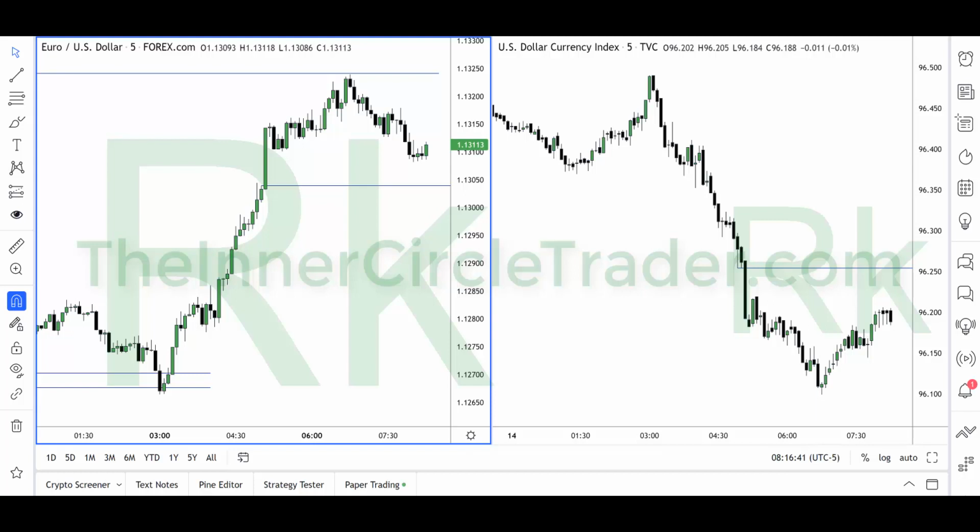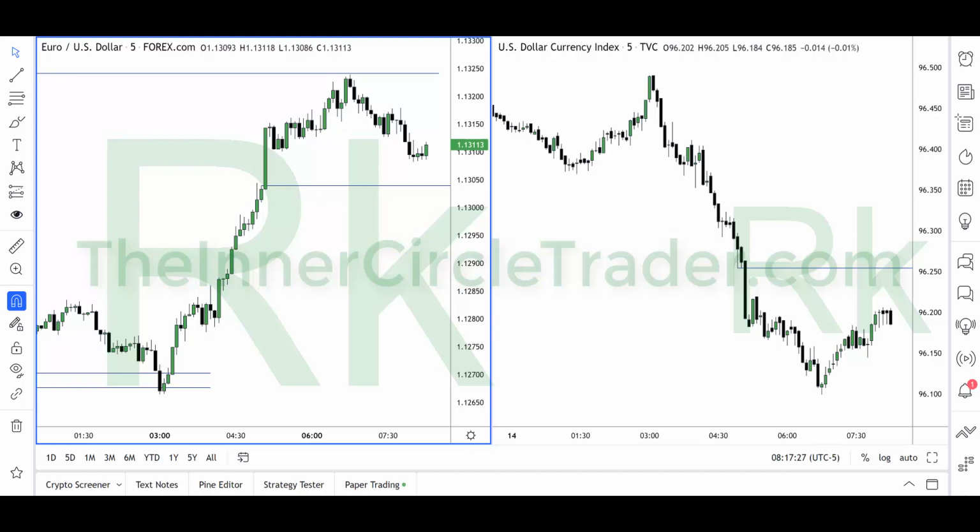So what we're looking at is the likelihood of a rally on the euro into a bearish order block, which I'll note when it's salient, but it's around that 113.20 level, just below 113.20. And then we have a small little imbalance on the dollar index with a bullish order block as well.